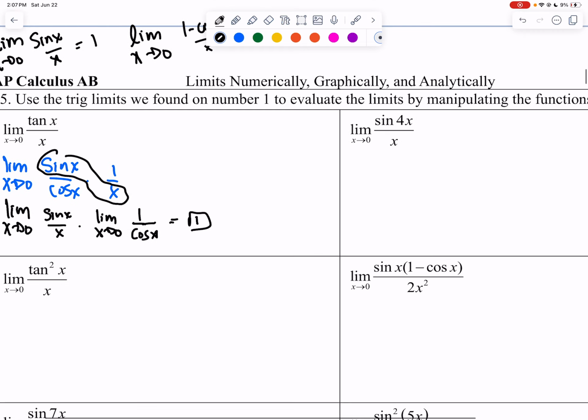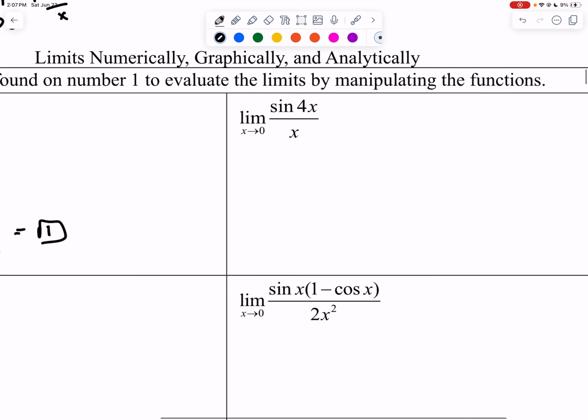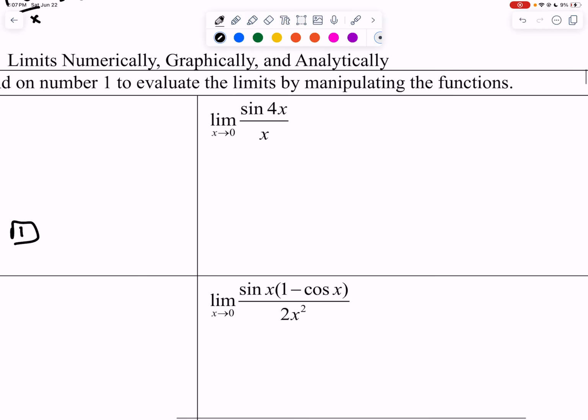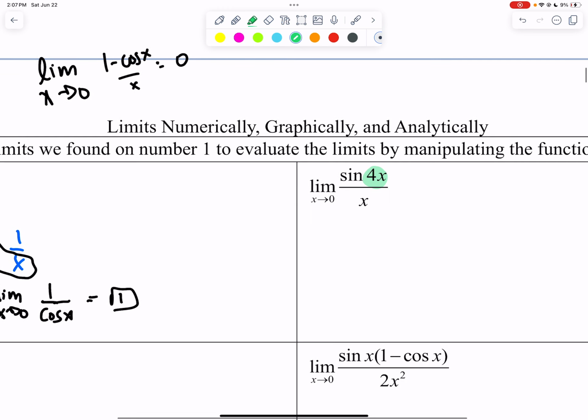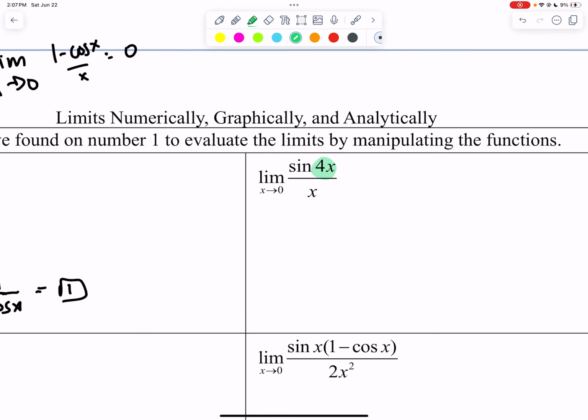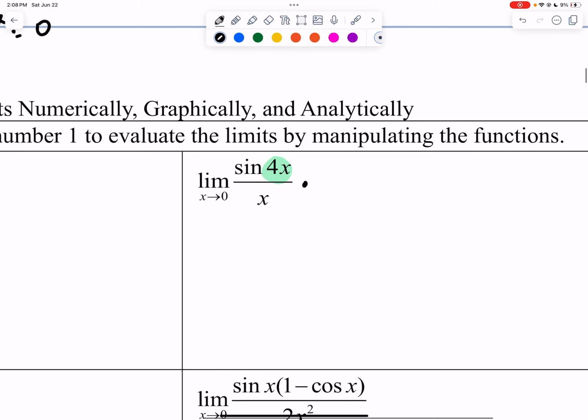Okay, for sine of 4x over x as it approaches 0 right here, what we want to do is make sure that my argument is the same. Notice how here my argument is the same. So because my argument is 4x, I want to make sure that my bottom also has a 4x. Well, in order to do that, I'm going to multiply by 1 in terms of, let's say, 4 over 4.